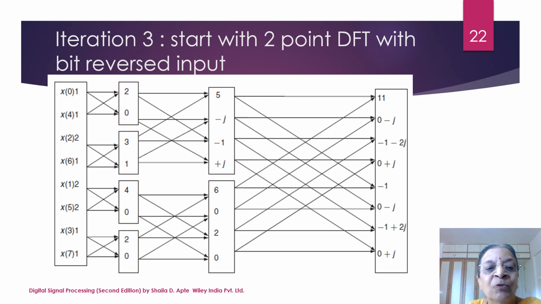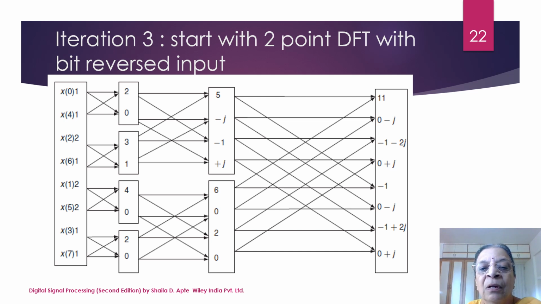Similarly here, 4 plus 2, 6. 0 plus 0 is 0. Then 4 minus 2, that is 2 into W4 raised to 0 is 1. Then 0 minus 0, so it is 0. So it's not getting j anywhere in this case. Now again here, 5 plus 6, it becomes 11. This is minus j plus 0, it is 0 minus j.